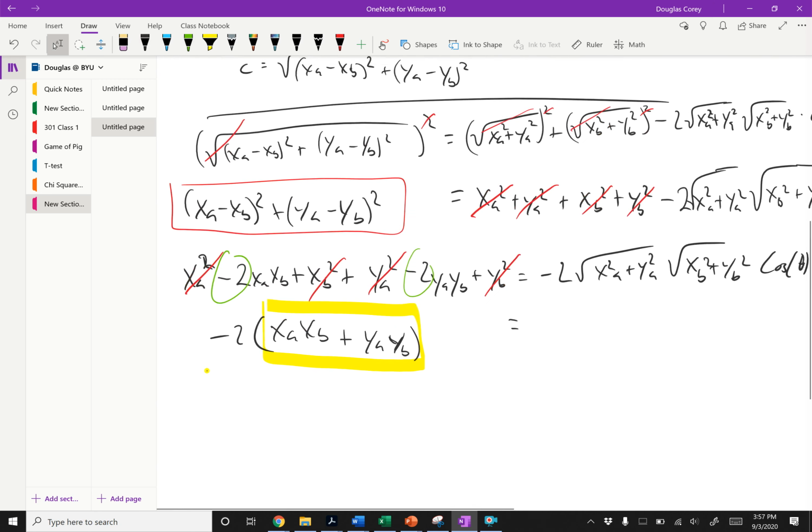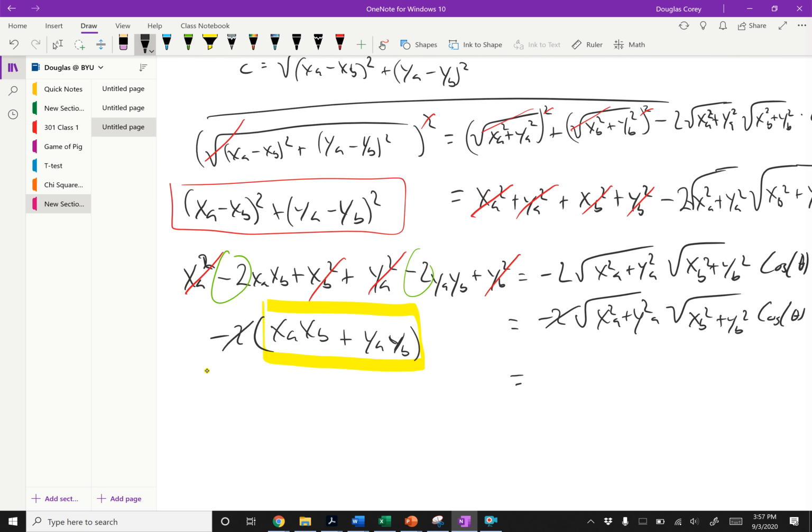So we've got a minus 2 on both sides. Divide that out.